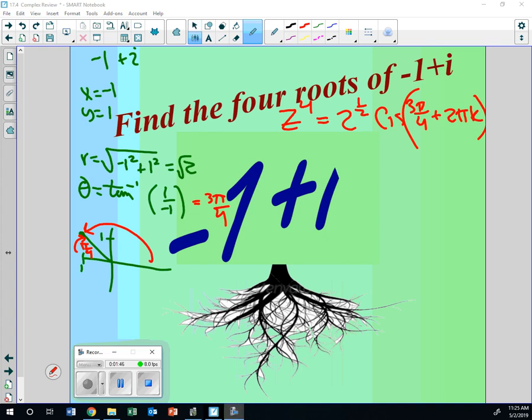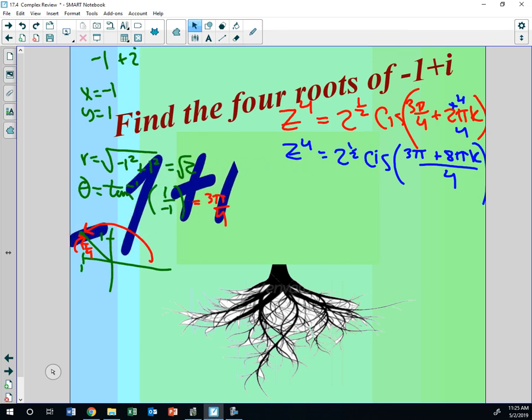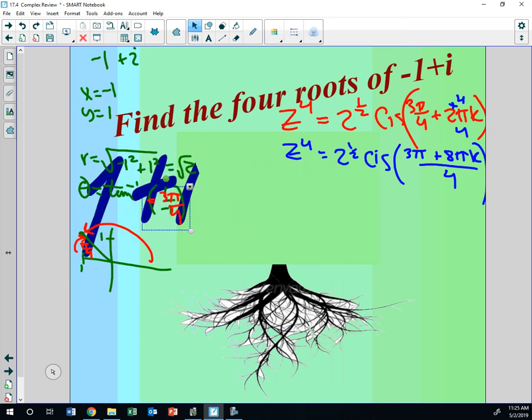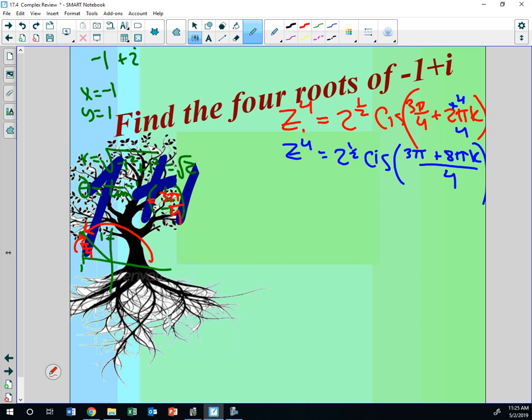So let's see how you're doing. I'm going to get a common denominator of 4s here. So this is going to be z to the 4th equals 2 to the 1/2 cis 3 pi plus 8 pi k all over 4. Okay, so then I'm going to take the 4th root of this, and times 1/4 to the 1/4.